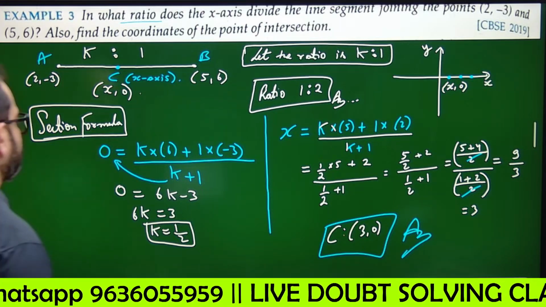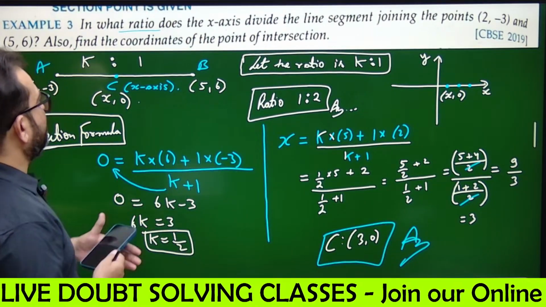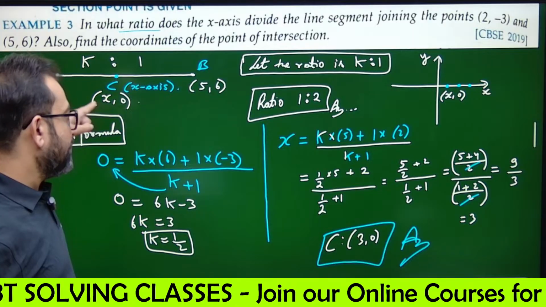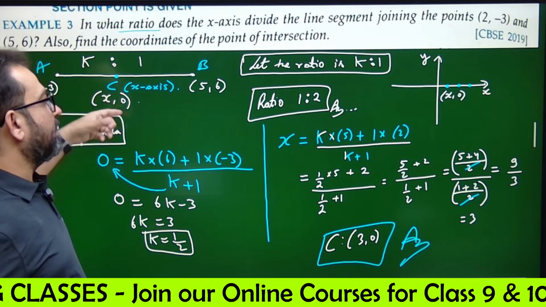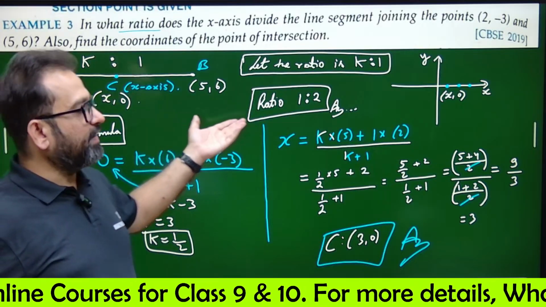Got the point? Actually, we just had to first find the ratio. This 0 we used first. If you are not able to write 0, how will you find the value of k? And after finding the value of k only will you find x.